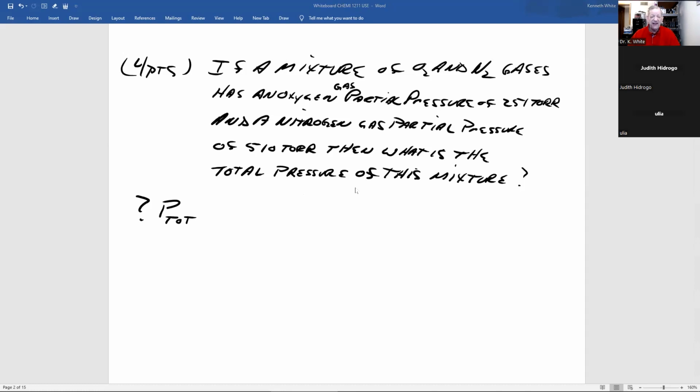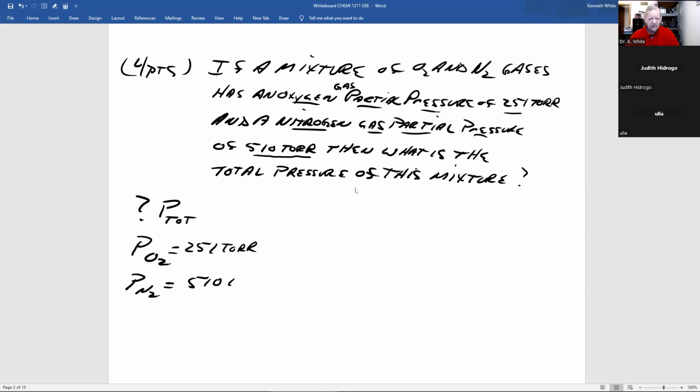Somebody already beat me to the answer. You're given the partial pressure of oxygen. And we show that by this. P O2, partial pressure, is 251 torr. And then the nitrogen partial pressure is equal to 510 torr.